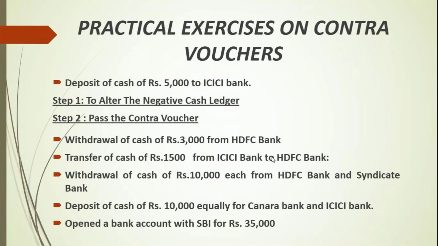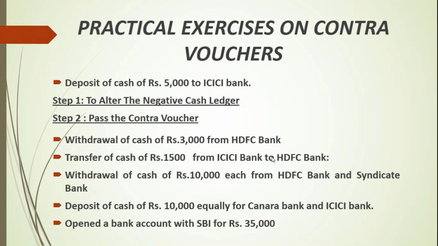How would I record this entry? Okay, how do I make up this entry? I have to transfer funds from ICICI Bank to HDFC Bank. Now here we have both the banks existing, right? ICICI and HDFC. Now 1,500 funds are being transferred from ICICI to HDFC, which means here who becomes the giver, who becomes the receiver?